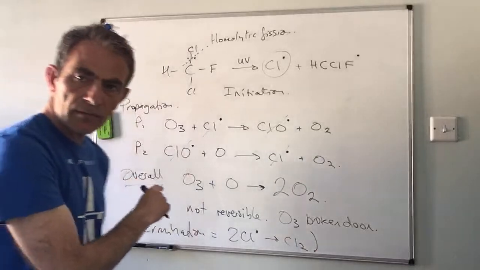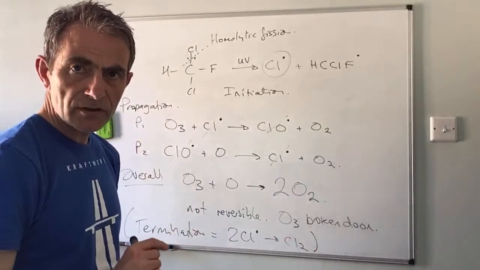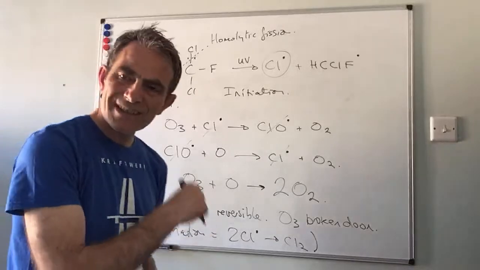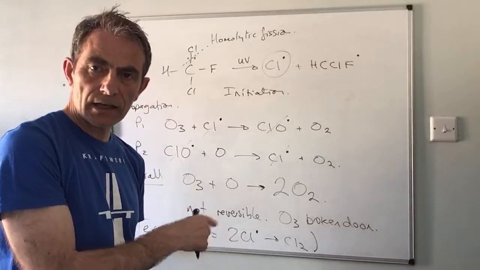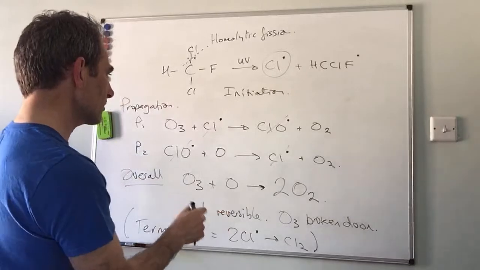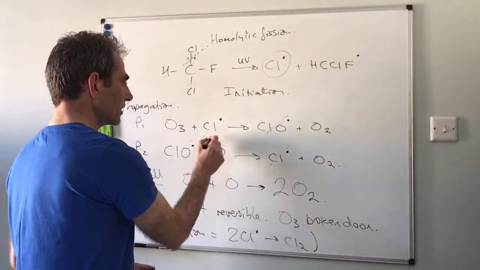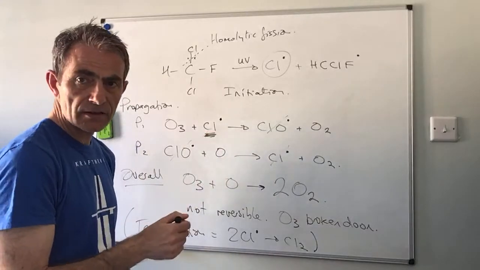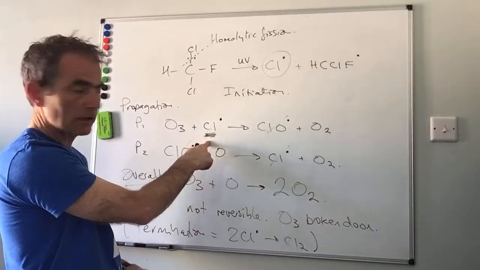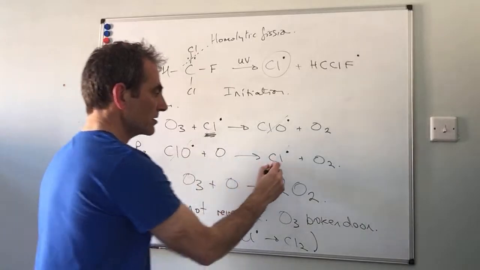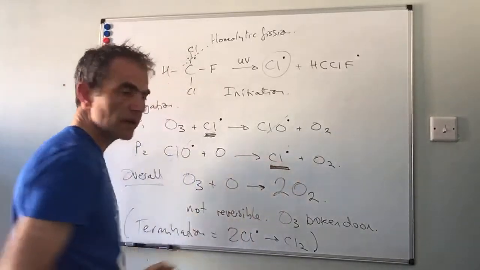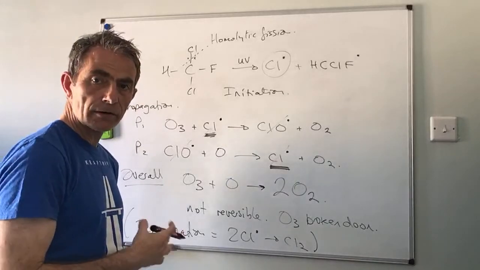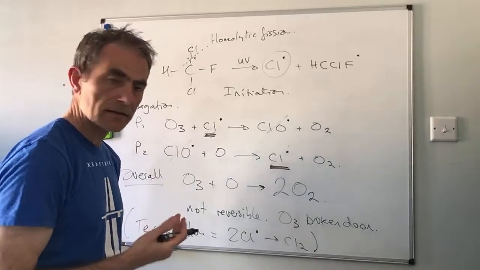The other thing I wanted to mention on this, and it wasn't part of the question, but they sometimes ask it, is state the role of the chlorine radical in the mechanism. Okay, so let's focus on these chlorine radicals. You can see in the first propagation step it's being used up, but in the second propagation step it's being regenerated, reformed, and so therefore the chlorine radical is acting as a catalyst.